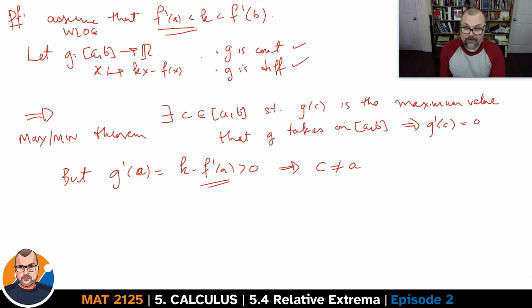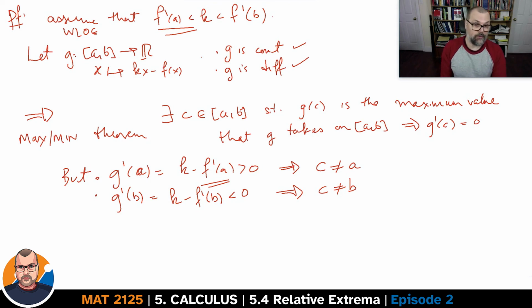What we have here is that g prime at a is not equal to 0. So c cannot be equal to a. In the same way, compute g prime at b, and we get k minus f prime at b, which is negative. So c is not equal to b. If c was equal to b, g prime at c would have to be equal to 0 on account of c being where g reaches its global maximum.